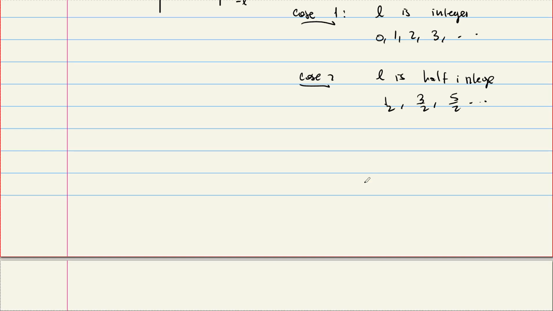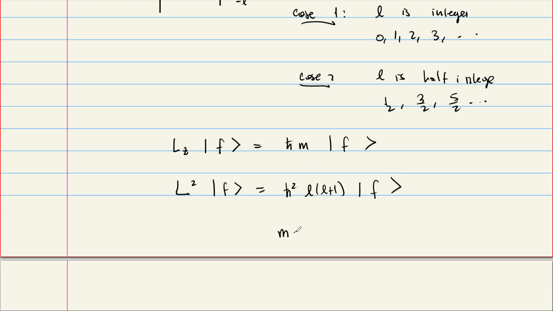And now we have the complete picture. So Lz times f is something like h bar m times f, and L squared f, what we found, is h bar squared L times L plus 1 times f, and this m goes from minus L all the way to plus L. Now we have the eigenvalues, we can also put the labels.